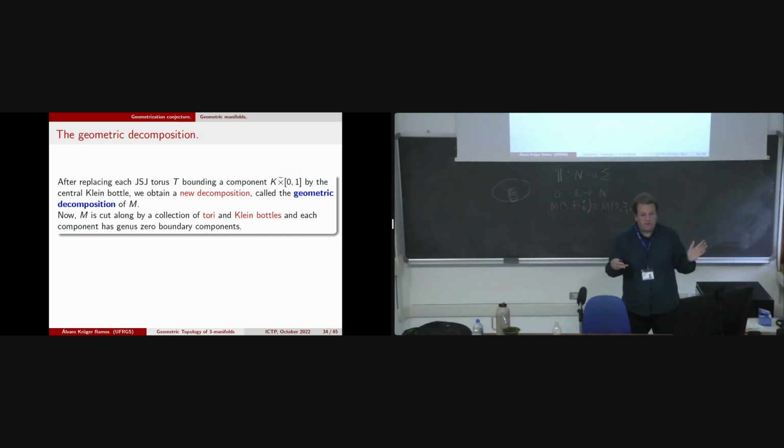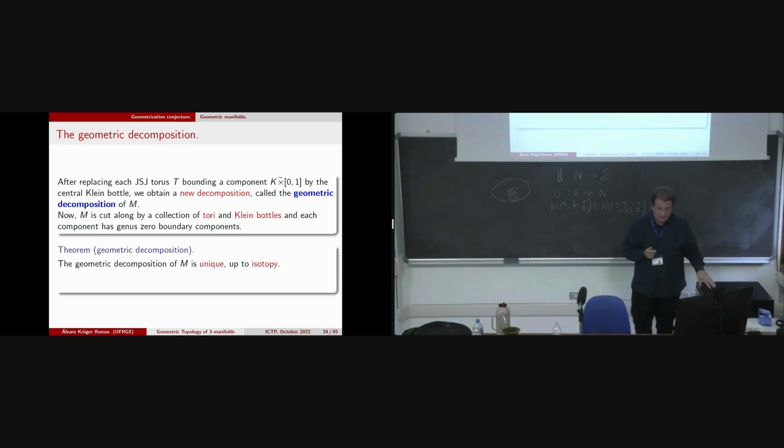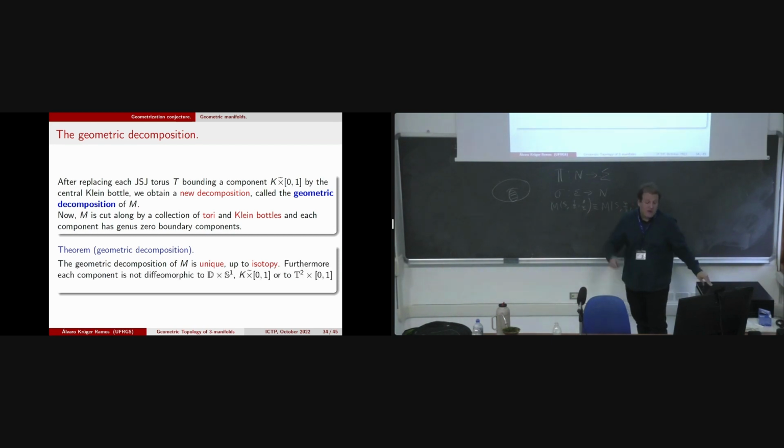So each component will have genus 0 boundary. That's all you can say. And just like the JSJ decomposition, if you have a minimal number of components, the geometric decomposition is also standard.